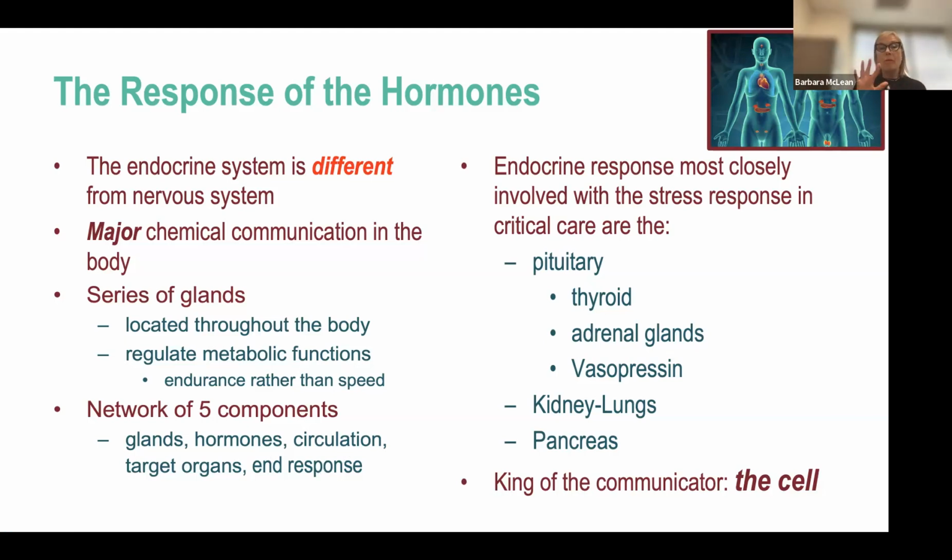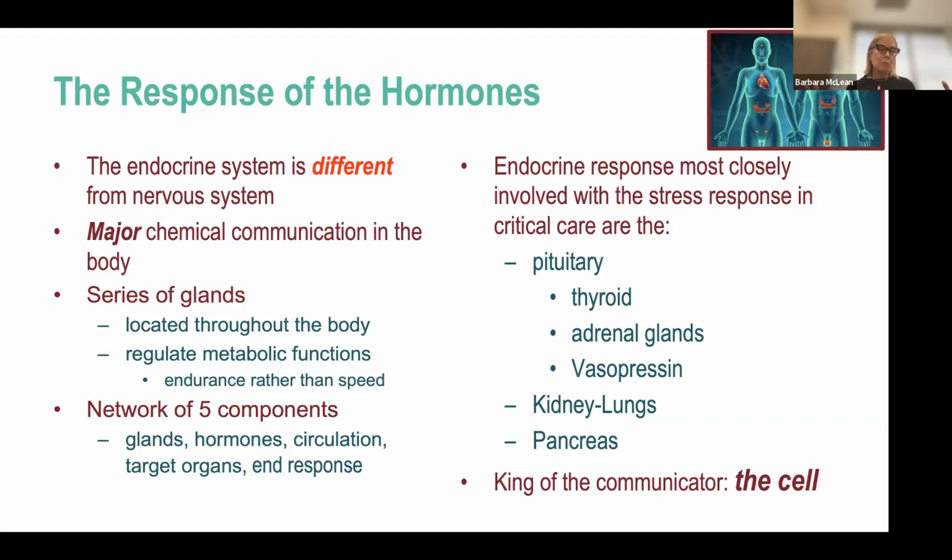Now, lots of different glands participate in the physiologic stress response. And again, what we're going to think about here is the thyroid gland, but the stimulator and the terminator of the communication, the stimulator for the communication to begin and the terminator for the communication to stop, is the cell.